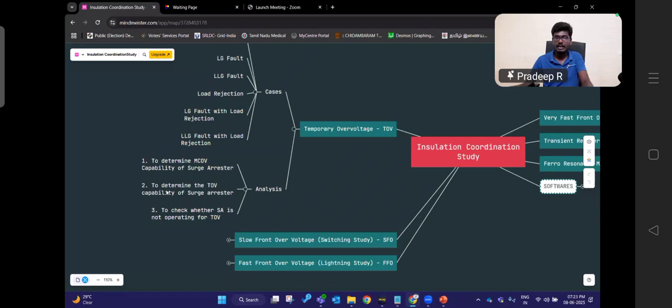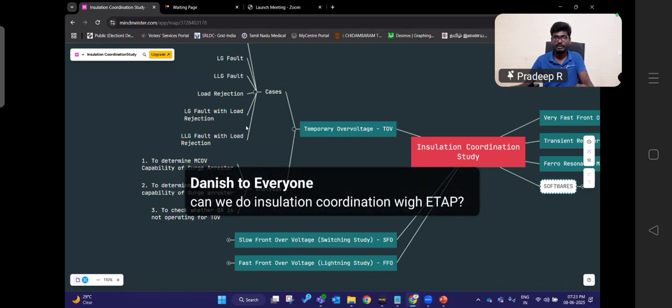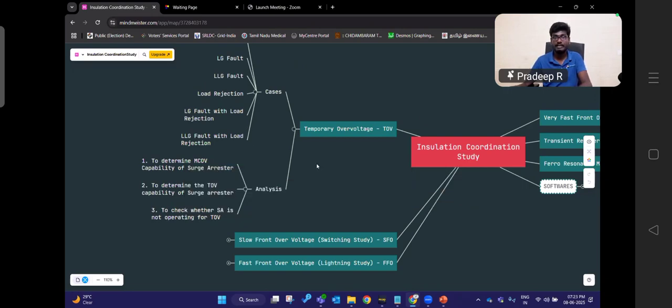The second is to determine the TOV capability of the surge arrester. A surge arrester has two capabilities, MCOV capability and TOV capability. Both capabilities will be checked during this TOV study, and as the outcome we will determine both.